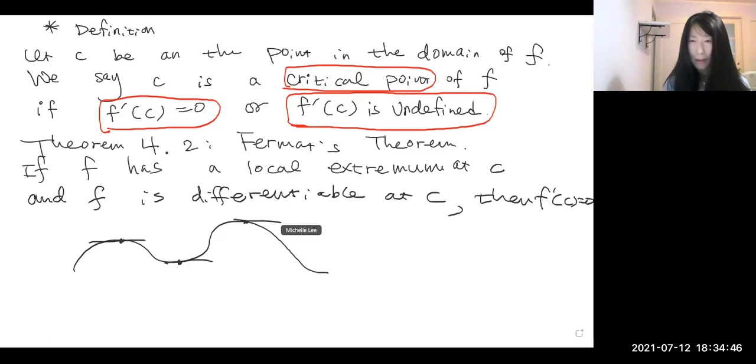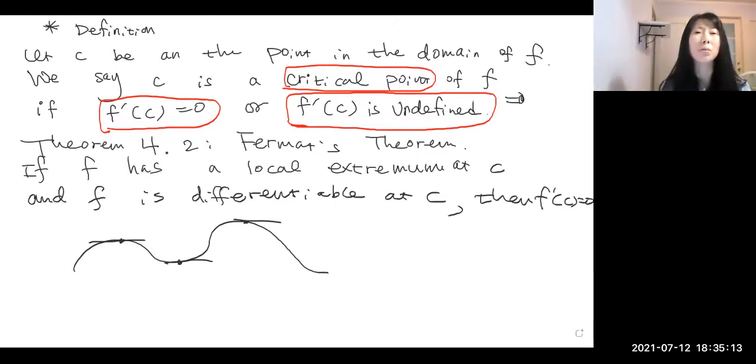Then everything is 0, right? But looking at the definition, we have a critical point when f prime of c equals 0 or f prime of c is undefined. It can be that there is a local extremum or not, right?